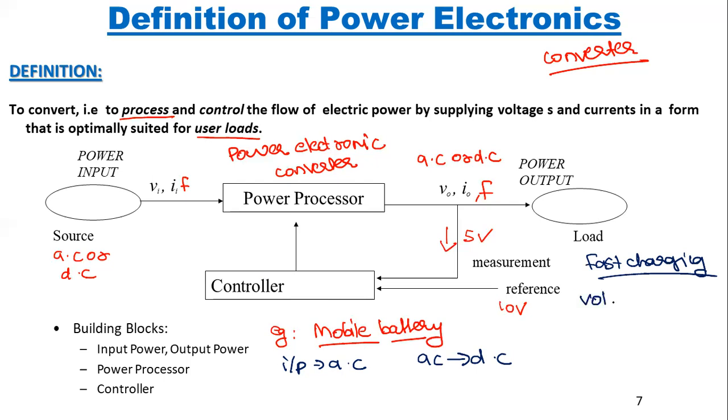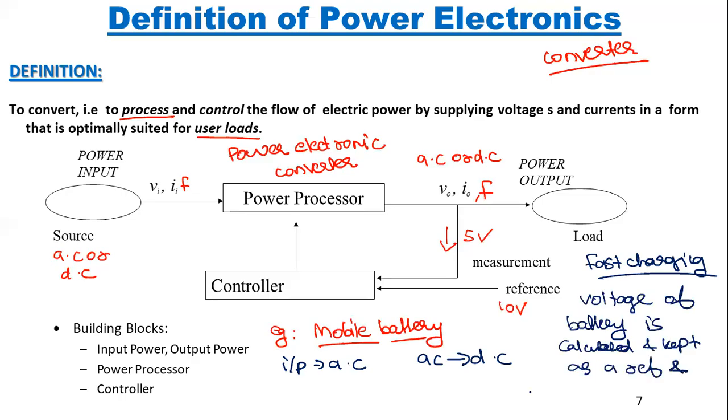Like what happens is, the voltage of the battery is calculated and kept as a reference, and the output voltage is fed back and given to the controller.